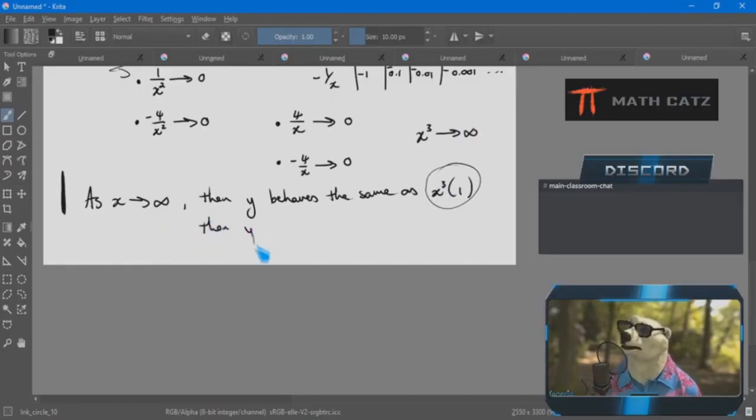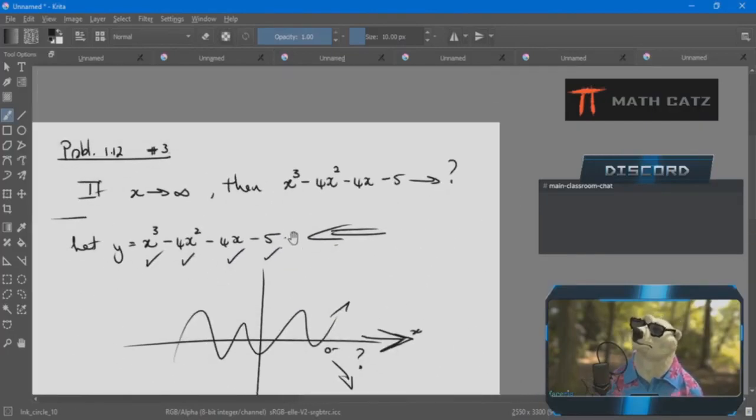Therefore, I can conclude that my original, more complicated polynomial also gets bigger and bigger in size as x gets bigger. I don't know what's happening in the middle. All I know is eventually the y values will blow up as well. If x is big enough, then these function values, these y values, will get bigger and bigger.